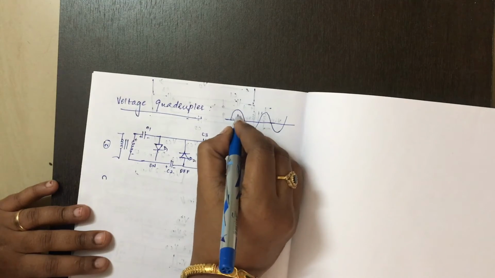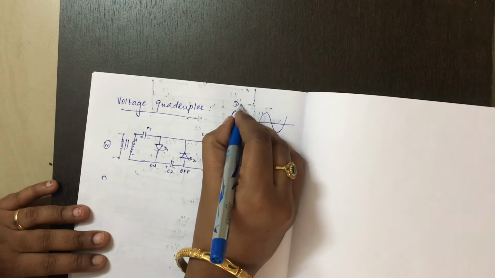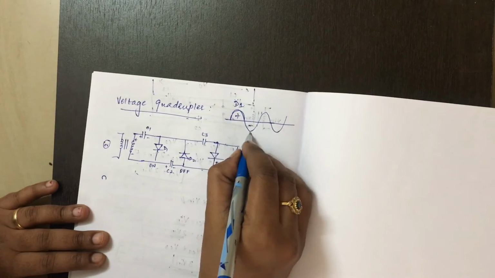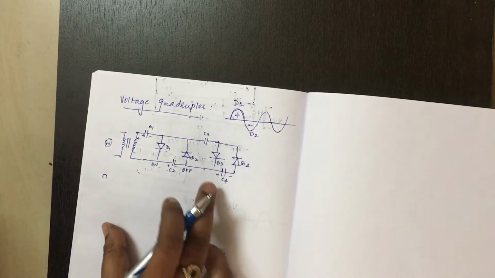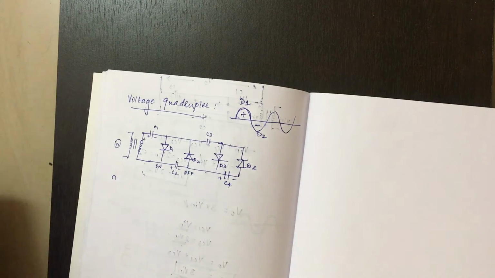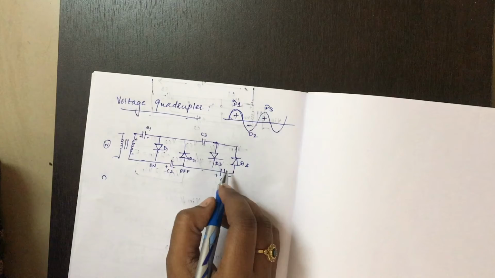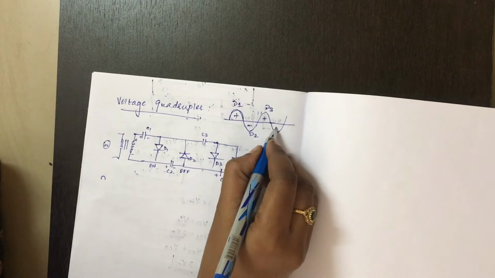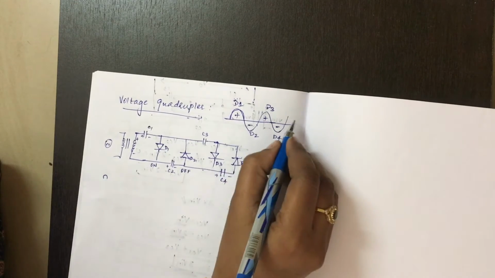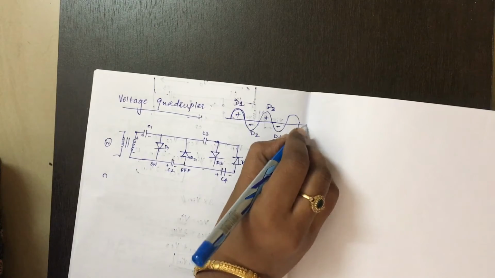For the first negative off signal, this diode will turn on. Similarly, for the second positive off cycle, D3 will turn on, and for the second negative off signal, D4 will turn on, and this will continue. So you have to use diodes for each positive and negative signal.